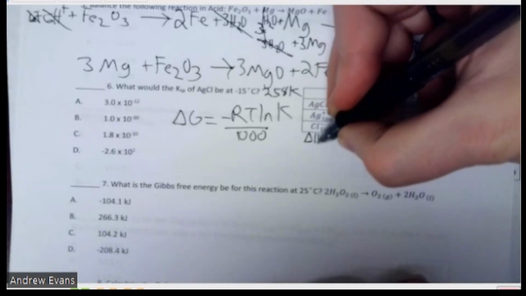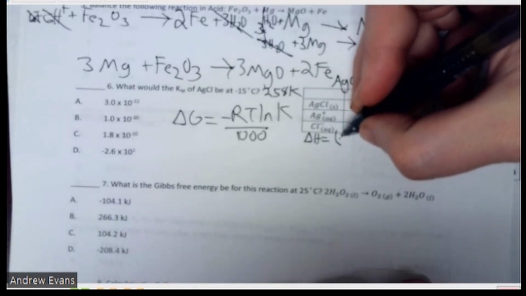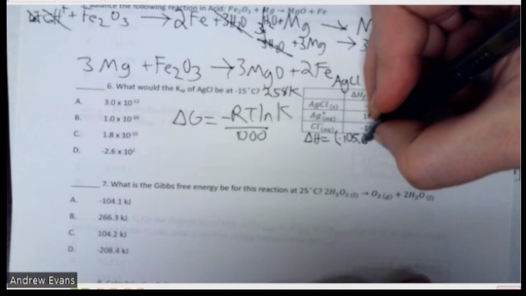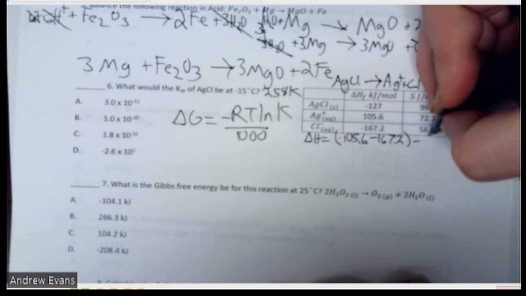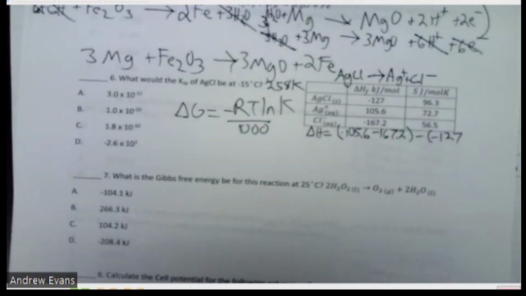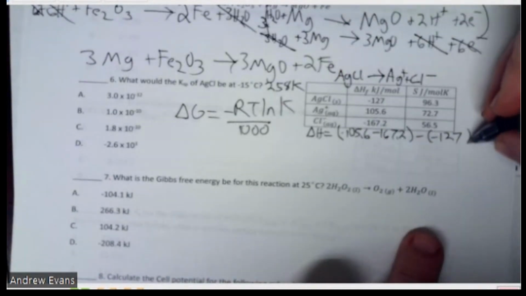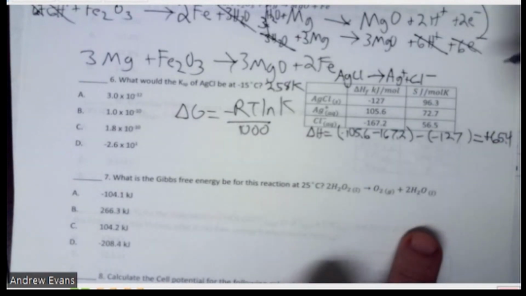So delta H equals 105.6, negative 167.2, all minus a negative 127.6, so you get positive 65.4.